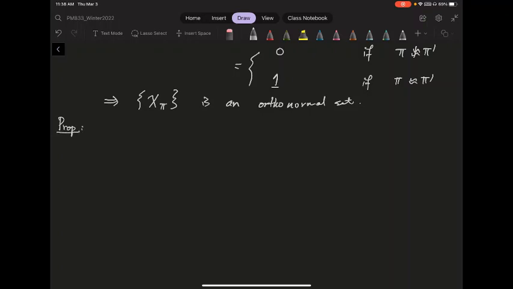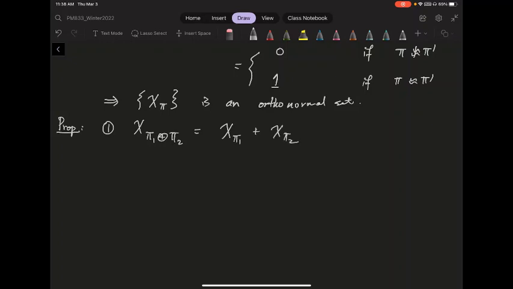In fact, these characters behave pretty well under these operations on finite dimensional representations. What I mean is that if you're given two unitary representations, there are several ways of constructing new ones. For example, the easiest is the direct sum. The character of pi_1 direct sum pi_2 is equal to chi of pi_1 plus chi of pi_2.